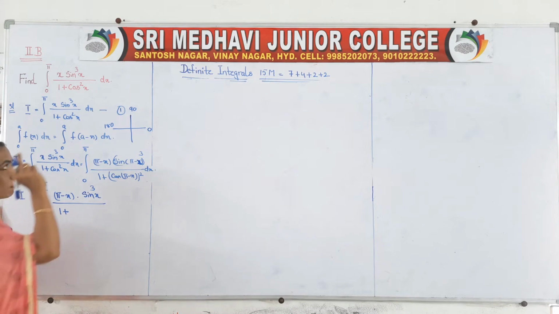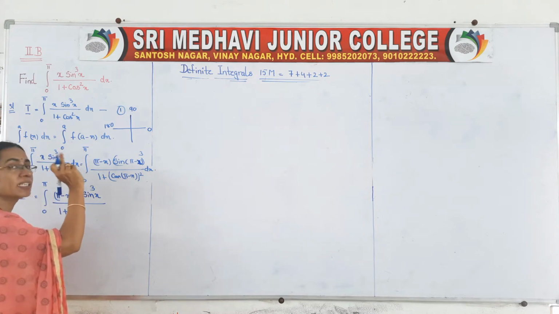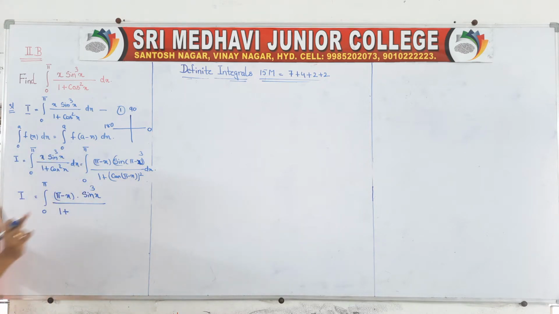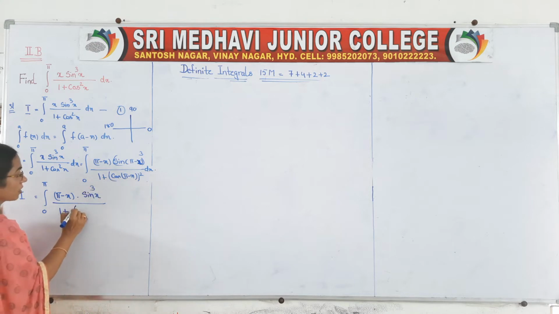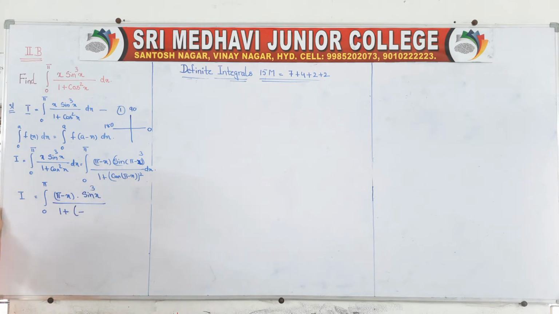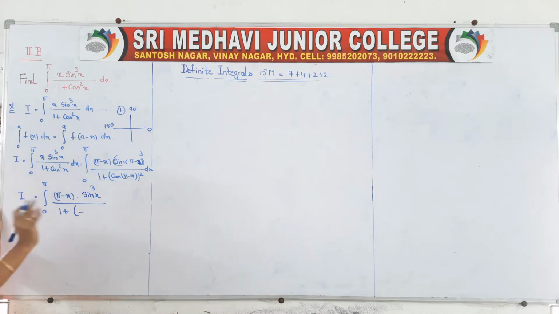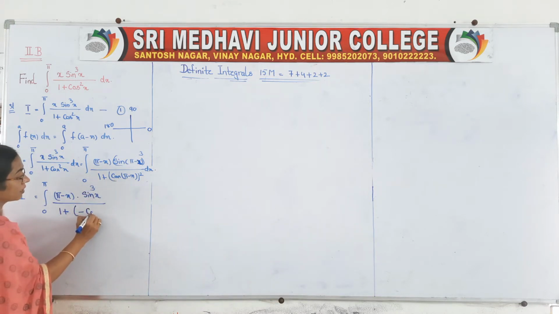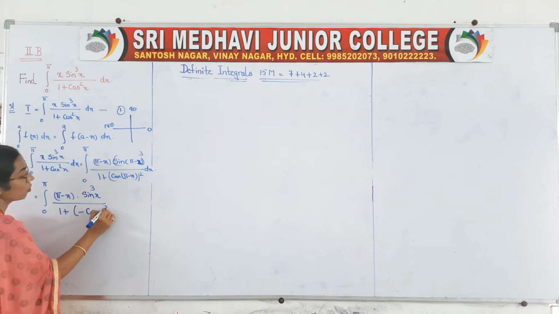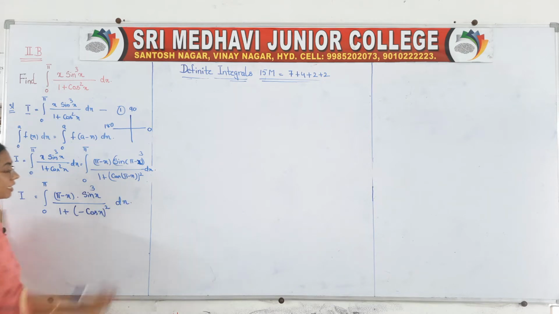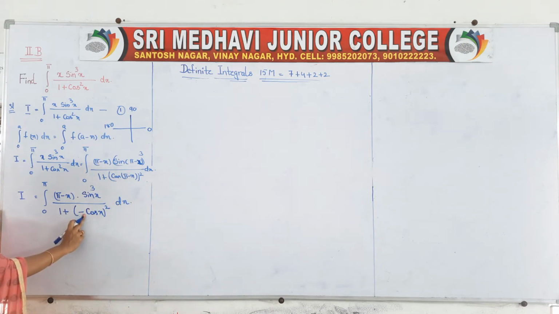180 minus theta, second quadrant: sin and cosec are positive, but here you are having cos, so minus sign. And for 180 plus or minus theta the ratio does not change, that means cos remains as it is, cos x whole square into dx. But inside the square, if negative is there, it will be positive only.